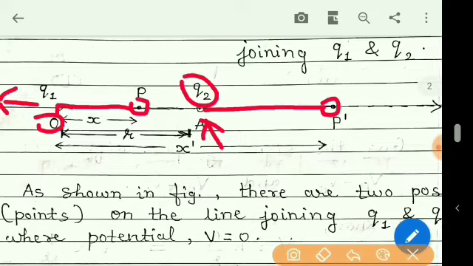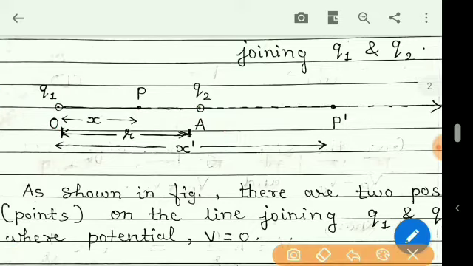So again, from point O, taking the distance of P dash as X dash, at which the potential is 0.